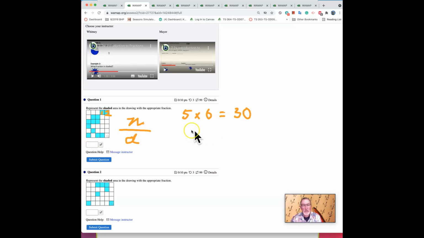So 12 of those. We have 12 pieces, and there's a total of 30. So 12 out of 30. Okay. So 12 over 30 is what we write. And the blue area represents 12/30ths of all of this.